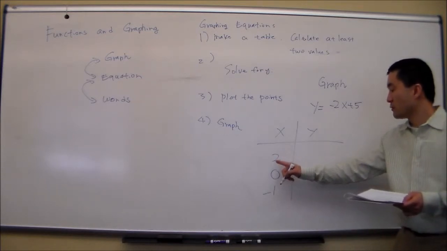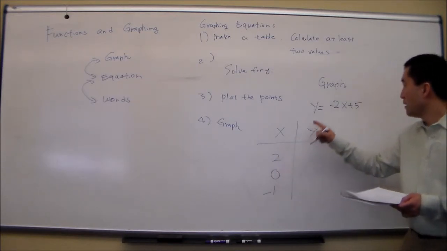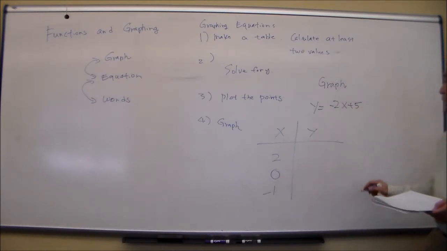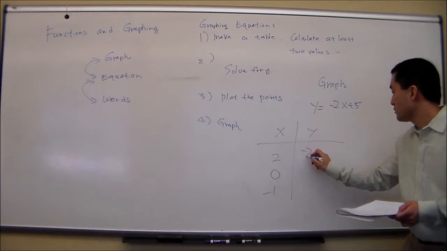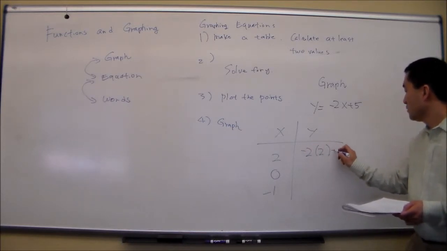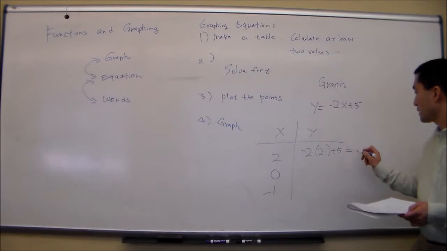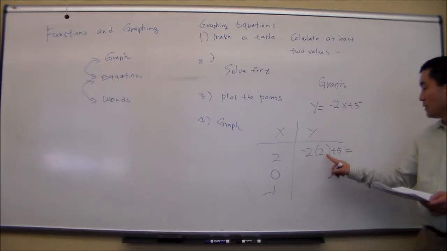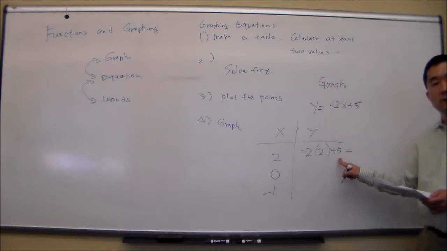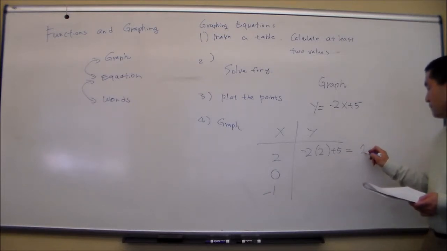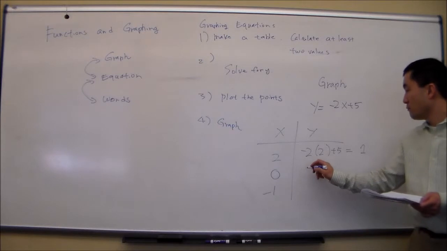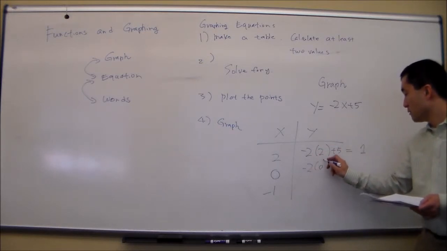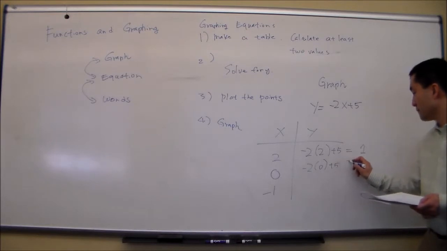So what I'm going to do is plug in these numbers into the equation and figure out what y is. Okay, let's plug in 2. So that's going to be negative 2 times 2 plus 5, negative 4 plus 5, negative 4 plus 5 is positive 1. 0, 0 times negative 2 plus 5.